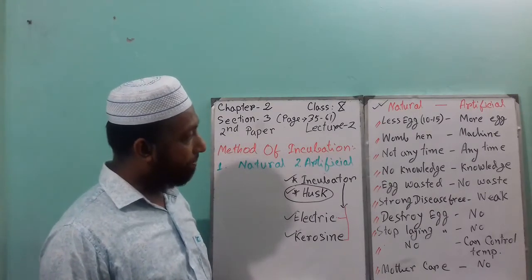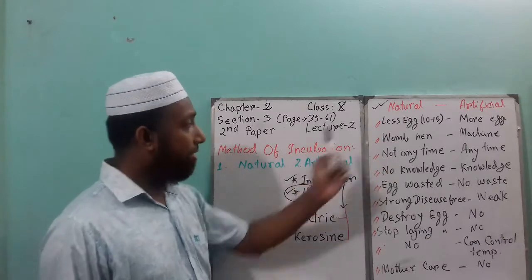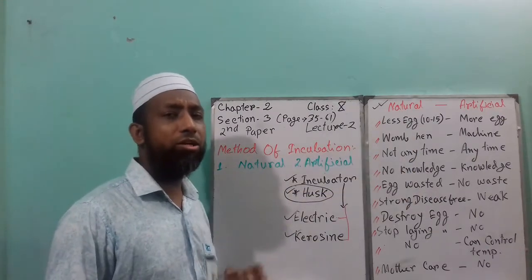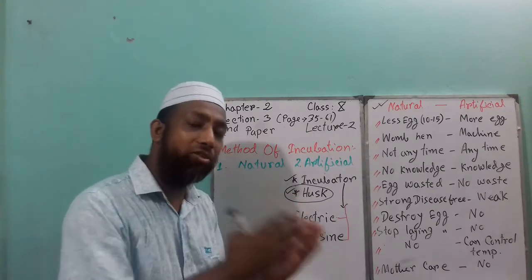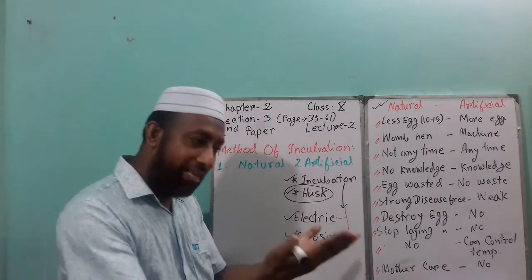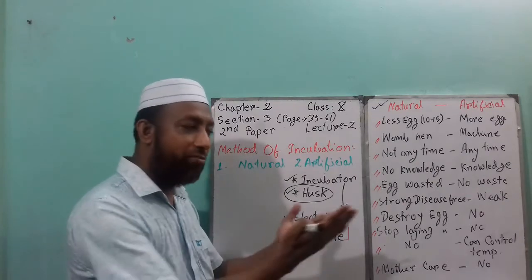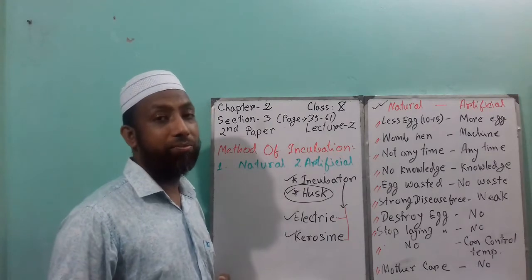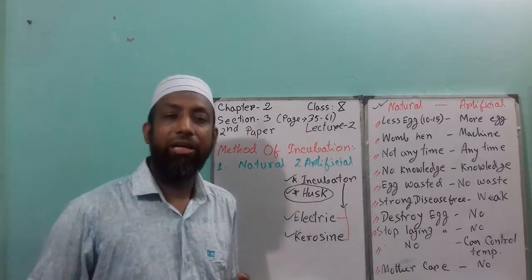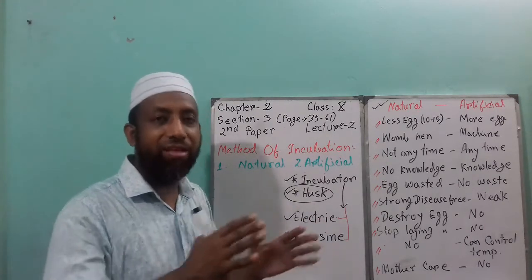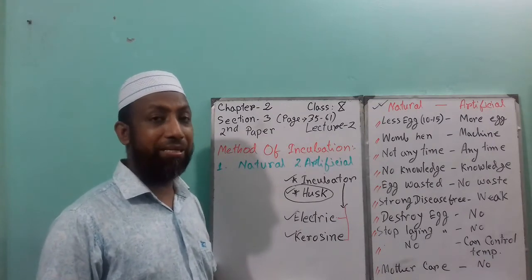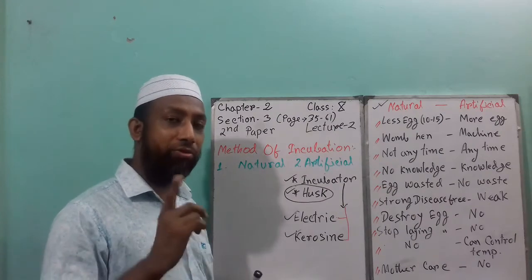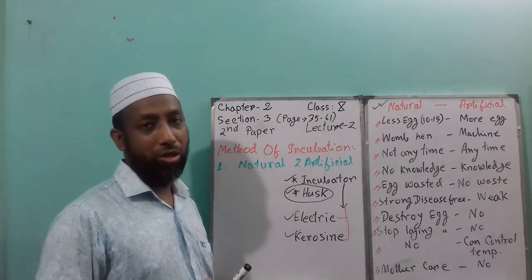The next point is time. In the natural method, you cannot do it at any time. It depends on the chicken. You place the eggs, leave them in one corner, and when the hen is ready, she will come and sit on top of the eggs. That means there is no exact time. If you want it now, you cannot do it now.